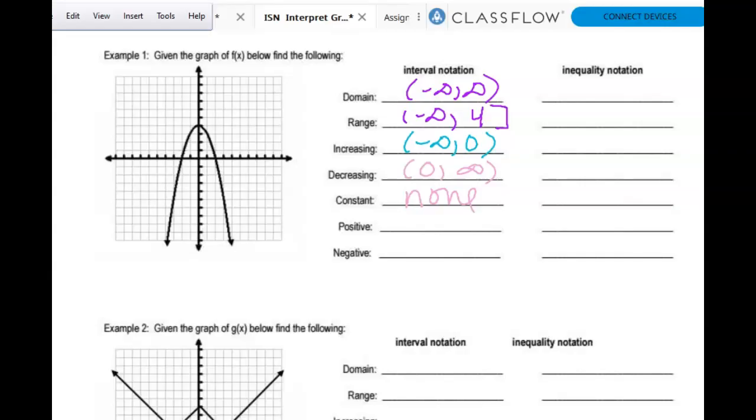If we're talking about the y's, positive y's would be above the x-axis, right? And then where would the negative y's be? Okay, so if I look at this, the positive y's is here. That's where the positive y's are.